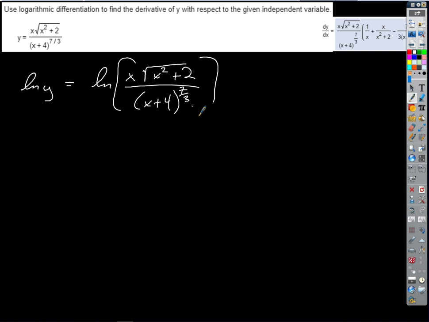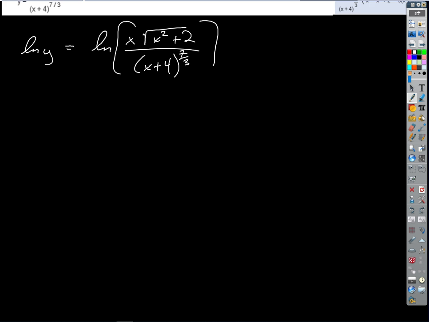And then by properties of logs, what are we going to get on the right side when I apply all my properties? Just log x plus the log of that, but what can I do to that to simplify it?